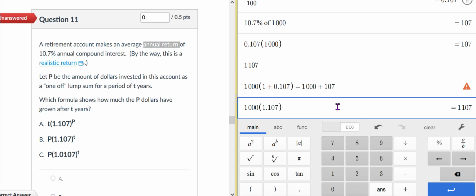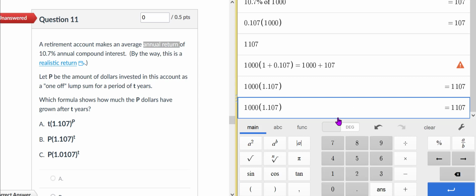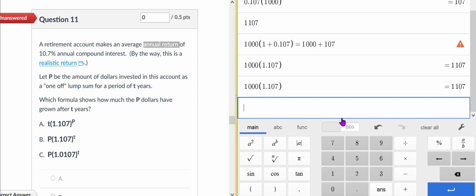Now just figure out what's in there after 2 years. So after 2 years, what's in there? You take your 1107 and you multiply it by 1.107, or in other words, 1 plus 0.107.